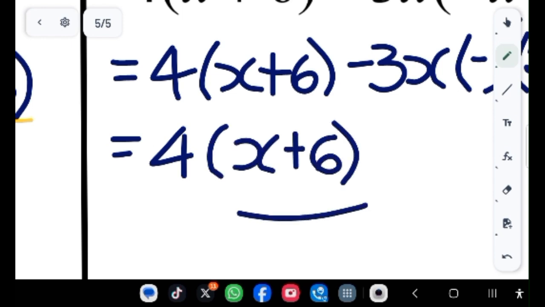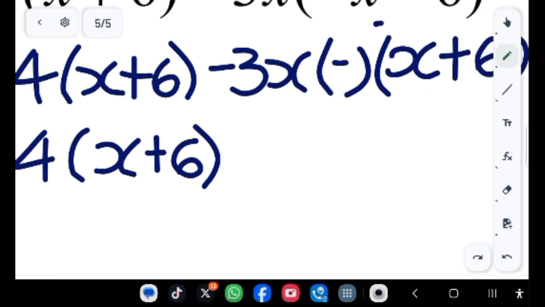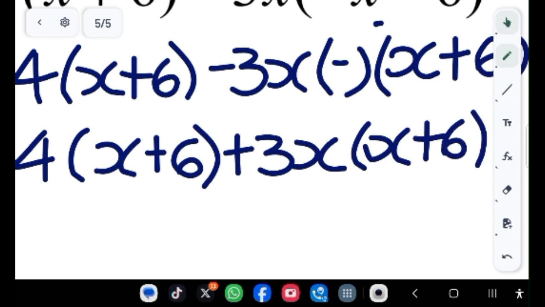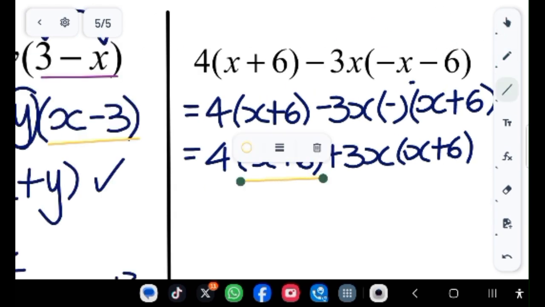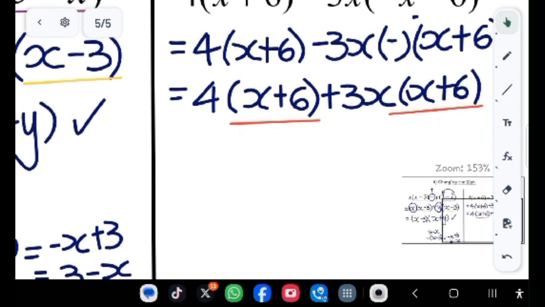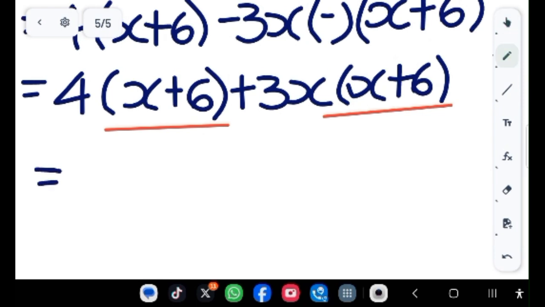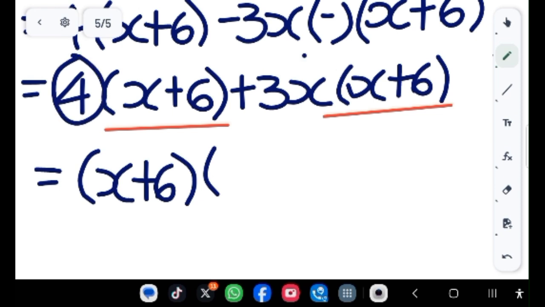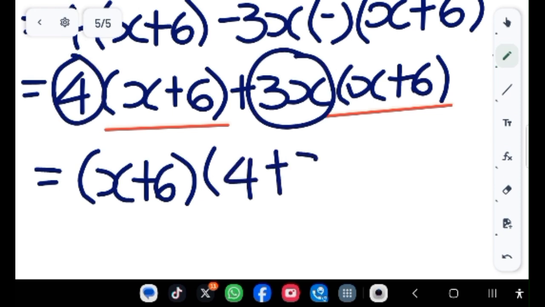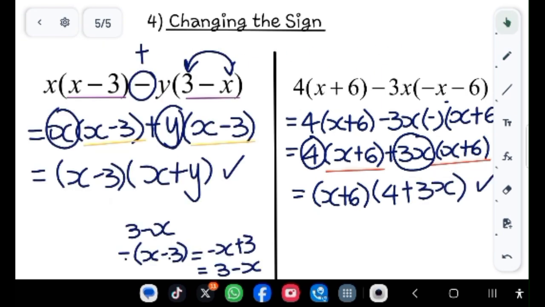So that becomes negative minus, that is plus 3x, and then times x plus 6. Now you have a common factor. There is the common factor. Let's take it out. X plus 6 is the common factor, so we take that out. X plus 6 in brackets, and that leaves us with 4 plus 3x. And that is how you take out a complex common factor by changing a sign.